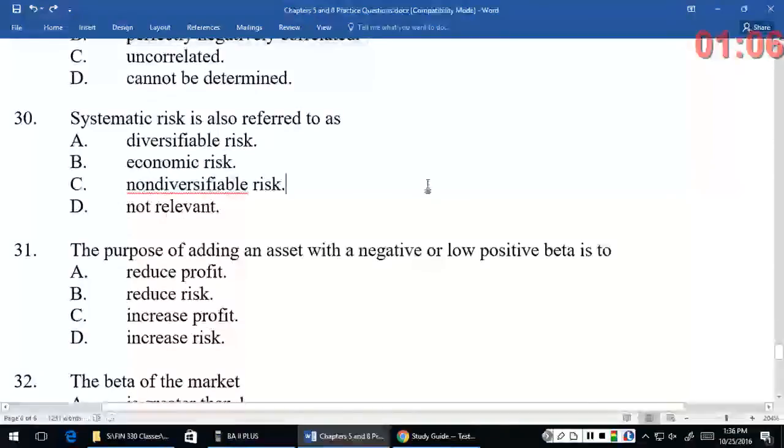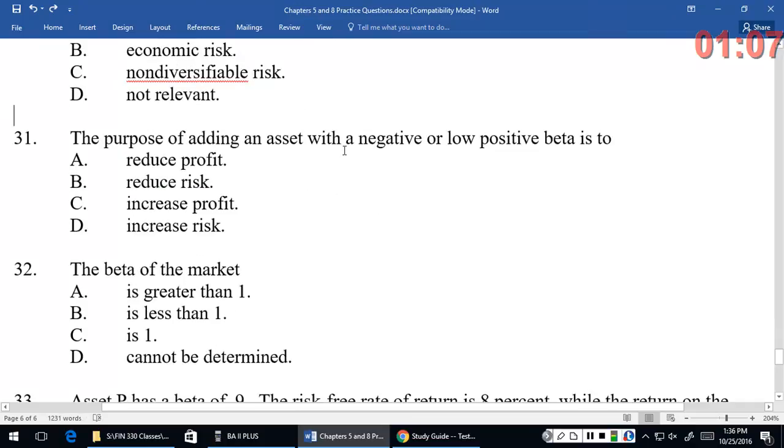All right, 30, systematic risk is also referred to as non-diversifiable risk. Answer C. Number 31, the purpose of adding an asset with a negative or low positive beta to your portfolio is to what? That would be to reduce risk.